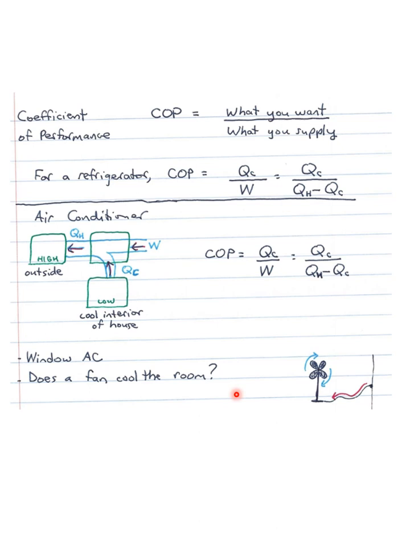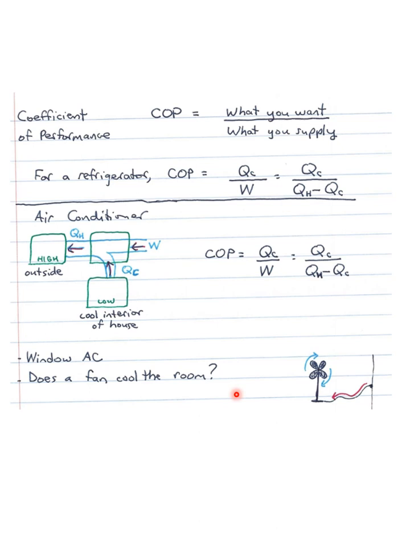Well, a fan only has a cooling effect if there's someone there to enjoy it. It's kind of like the philosophical question: if a tree falls in the forest and nobody's there to hear it, did it make a sound? Well, a fan doesn't work unless somebody is there to enjoy its cooling effect. Because what a fan does is it blows the air, the warm air, away from your body.